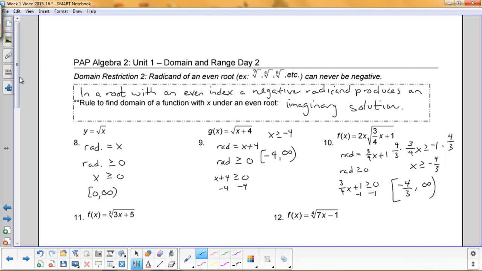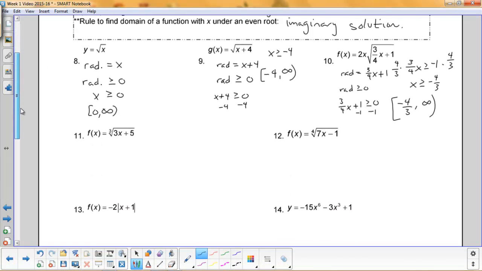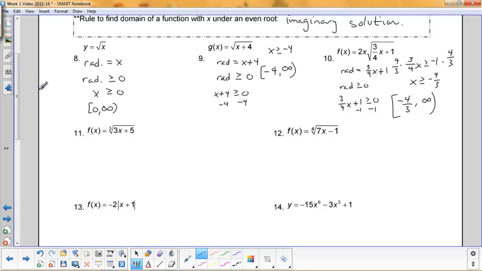All right, moving on. Question number 11, question number 12, question number 13, and question number 14 give you some practice in looking at the different types of parent functions you're going to encounter over the next semester or so, and which ones have restrictions and which ones don't. Remember, we've only studied 2 restrictions so far.